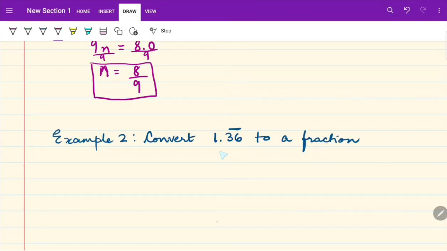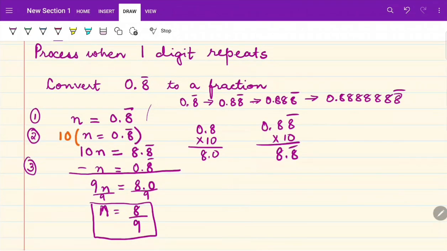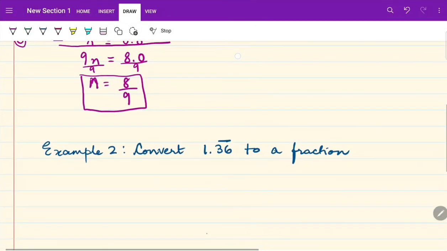Now we'll work on a second example, which is to convert 1.36 bar to a fraction. This particular example is a little bit different from what we worked before, where we had only one digit repeating after the decimal point. The 8 kept repeating after the decimal point. Here we have a pair of digits repeating after the decimal point interminably.